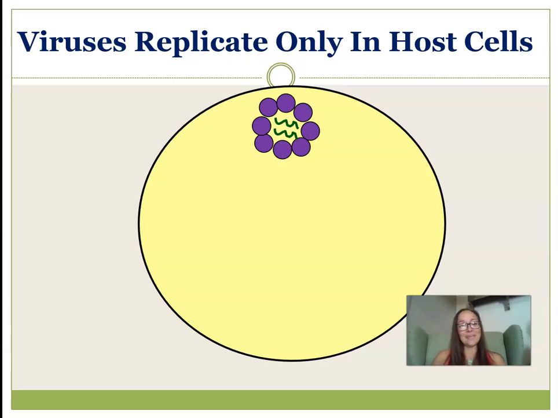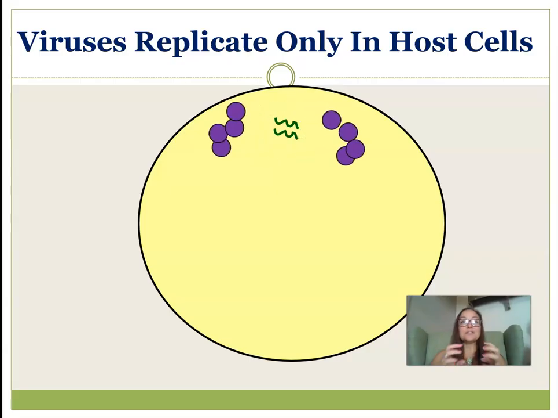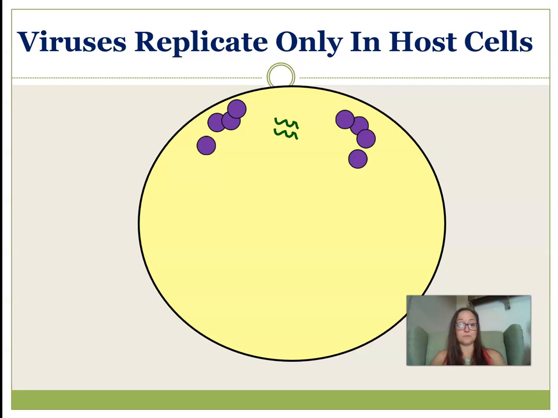Anyway, now the basics of how a virus replicates within host cells. It's going to disaggregate, break apart within that host cell. This is why it needs a host: viruses don't have their own ribosomes, so they need the host cell's ribosomes.